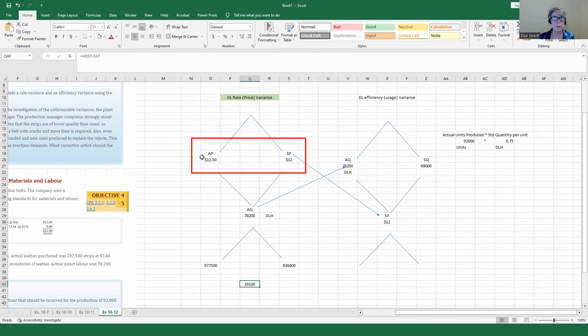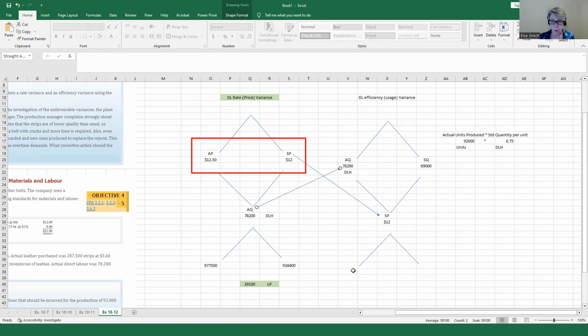This is what we actually spent per hour. This is what we should have spent per hour. It's unfavorable. Absolutely. And we can see why it's unfavorable, right? Because I should have spent $12 per hour and instead I spent $12.50. Maybe I got more experienced people. I don't know. But I definitely spent more.